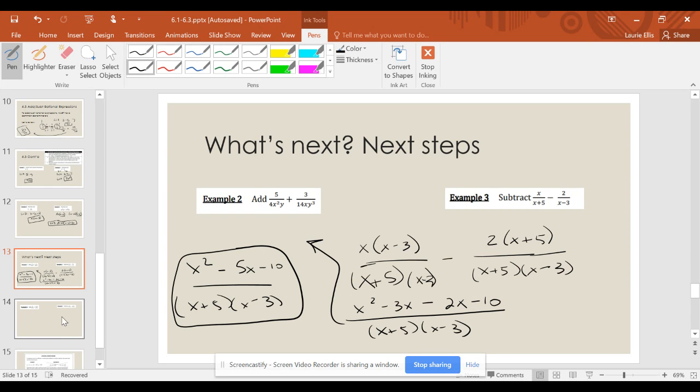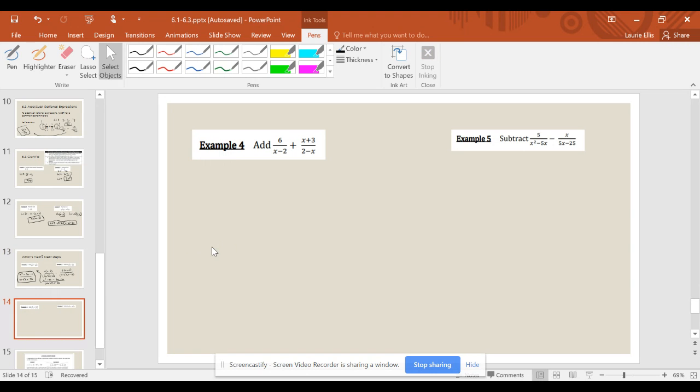My goal is to do lots of examples with you. So on this one, when I look at these denominators, man, they look so close. I see an x minus 2 and a 2 minus x. Well, here's the tricky part. If I factor out a negative 1, what's left in there is a negative 2 plus x, which is really negative 1 times x minus 2.